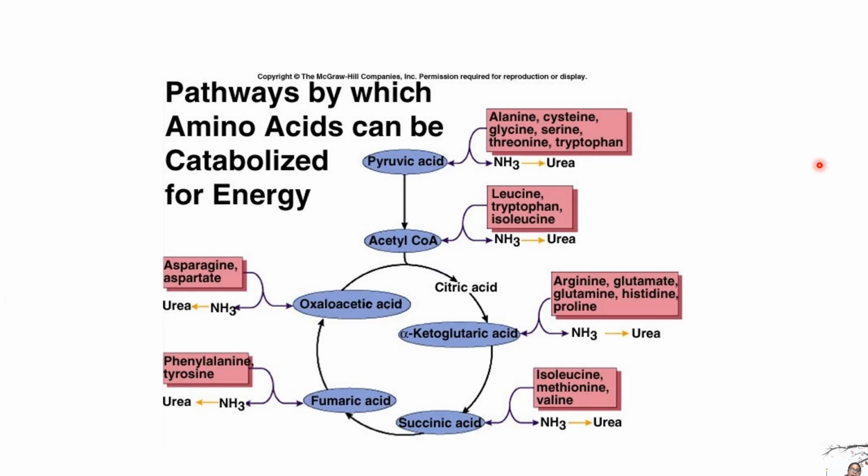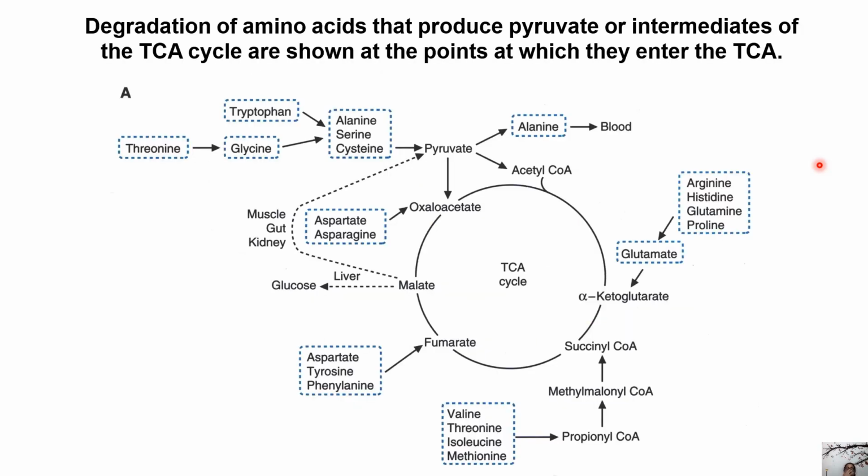This is the entire schematic of all the pathways. Now, degradation of the amino acids that produce pyruvate or intermediates of the Krebs cycle are shown at the points at which they enter the cycle.